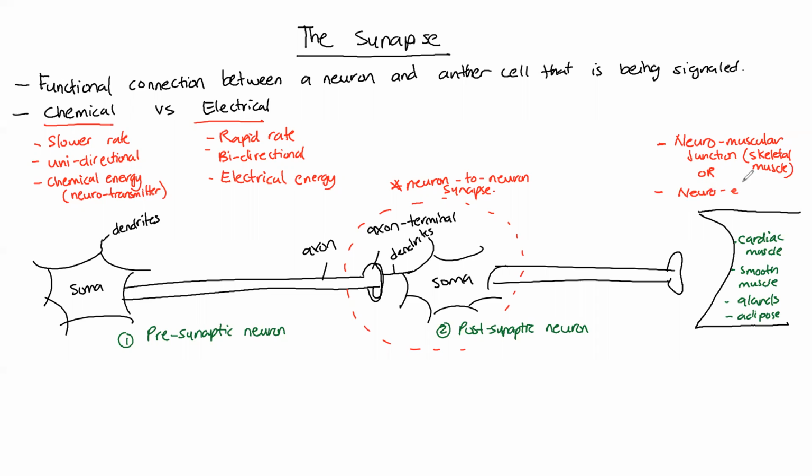The neuroeffector junction for all the other types of cells. So specifically, if it is skeletal muscle, it's going to be called the neuromuscular junction, but if it is cardiac muscle, if it is smooth muscle, if it is glandular tissue, if it is adipose, it's going to be called the neuroeffector junction, okay?